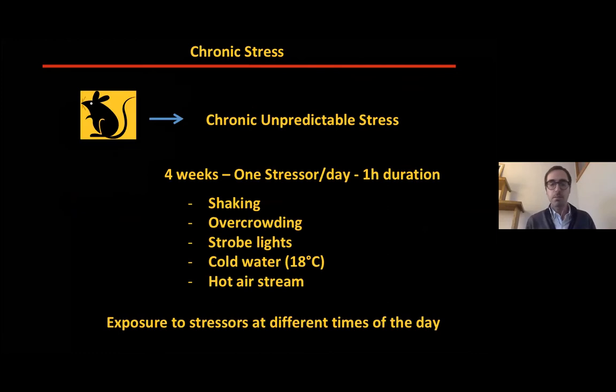Briefly, in the model that we use in the lab, chronic unpredictable stress, animals are exposed for 4 weeks, with one different stressor per day for about 1 hour. This includes shaking, overcrowding, strobe lights, or exposure to cold water or a hot air stream. These stressors are applied at different times of the day to give that degree of unpredictability to the rodents.